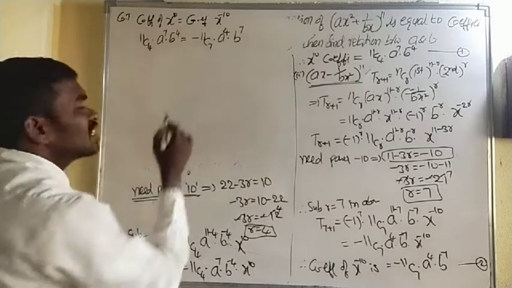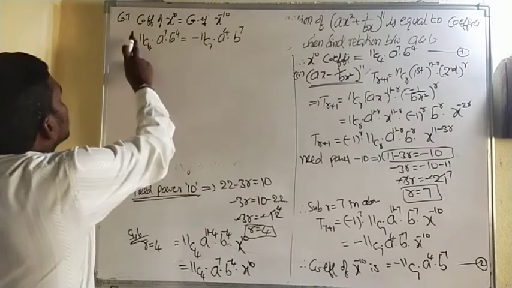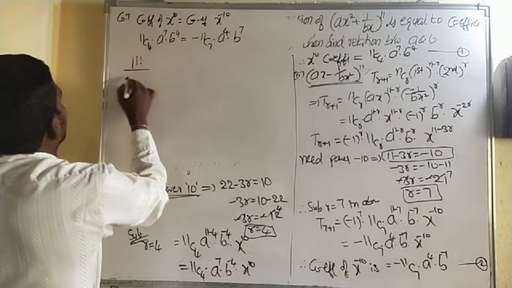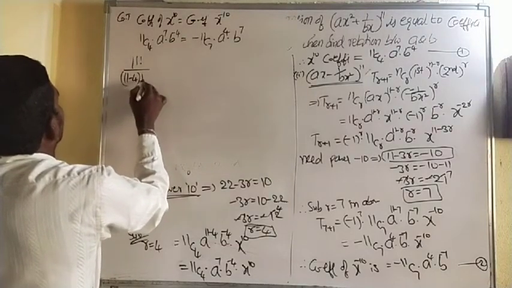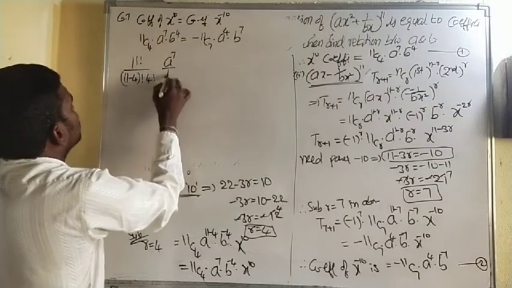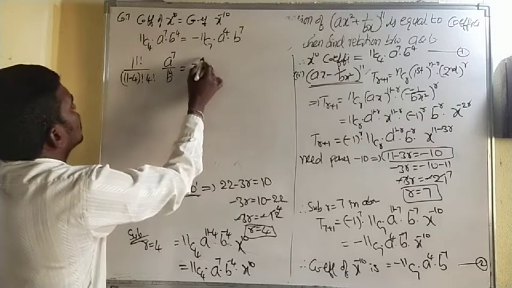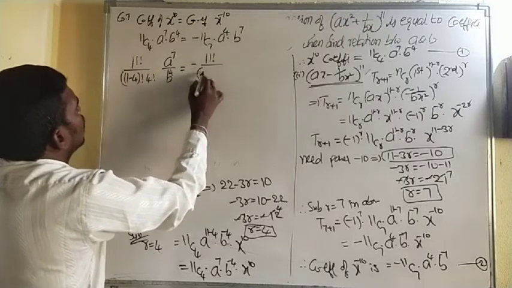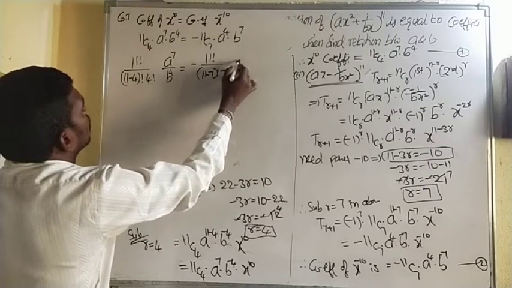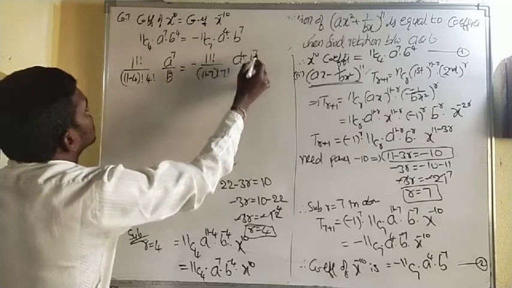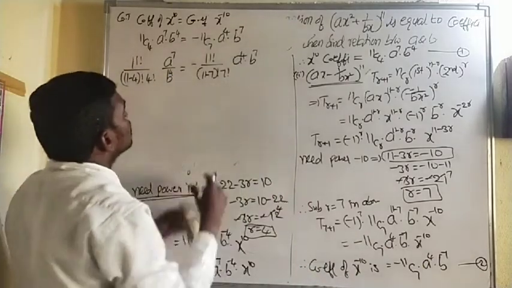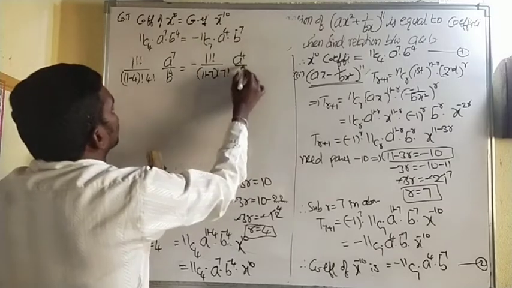These two are almost equal; in permutation and combination we have learned nCr. Otherwise, 11C4 means 11 factorial by (11 minus 4) factorial into 4 factorial, and a power 7 by b power 4, is equal to minus 11C7, which means 11 factorial by (11 minus 7) factorial into 7 factorial, and a power 4 by b power 7.